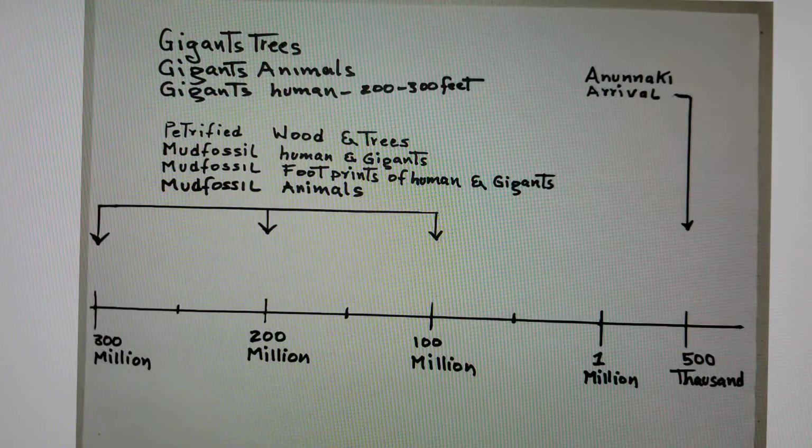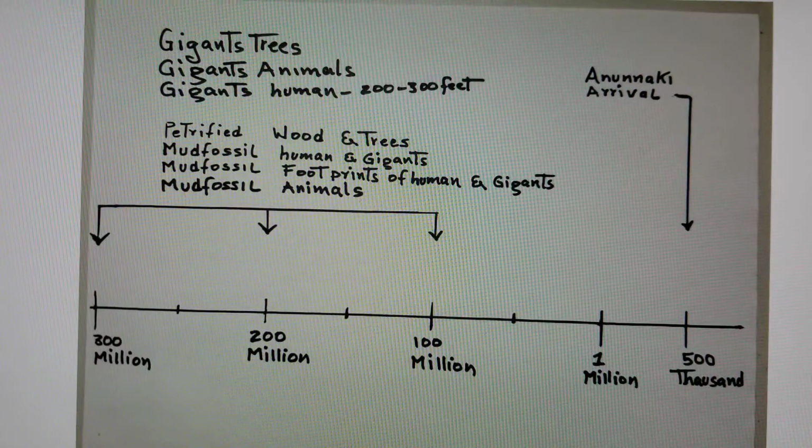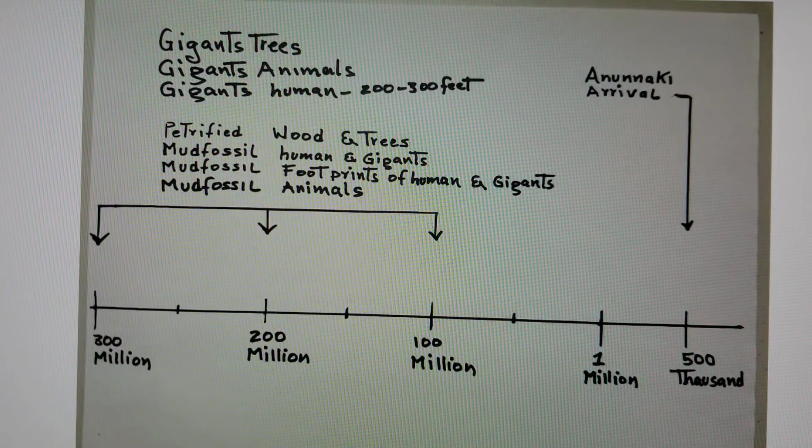I was making a document about the giants on Earth, a civilization that existed 300 million years ago. As you see in this chart, from 100 million to 300 million years ago, on planet Earth there were giant people, besides regular people.